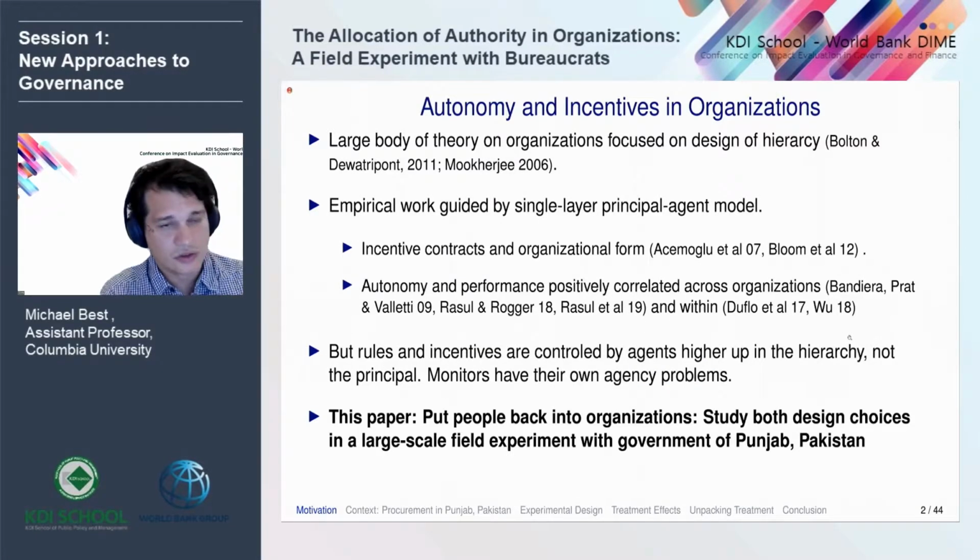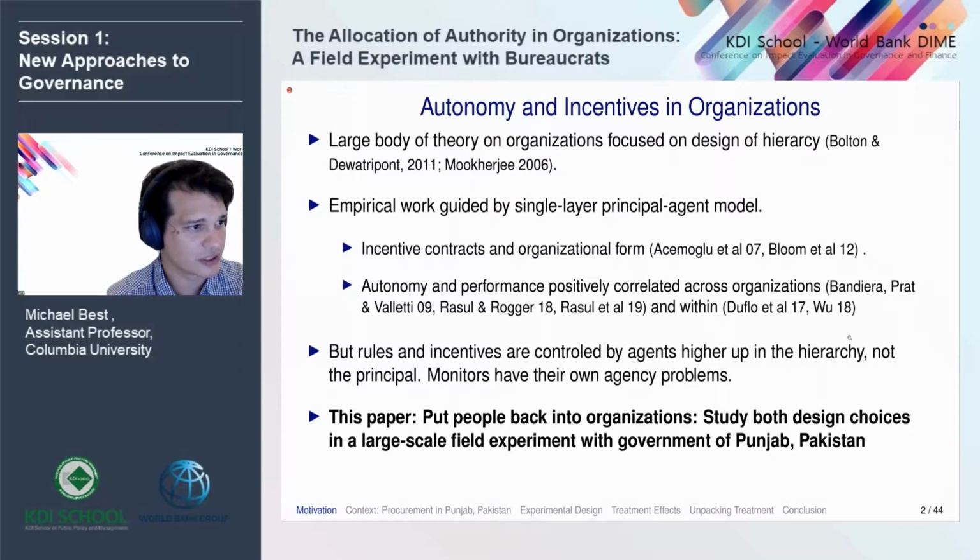And so, in economics, there's a large body of theory thinking about how organizations might design the hierarchy of the organization. But when it comes time to do empirical work to study these things using data from the real world, we're almost always guided by these single layer hierarchical models, where there's one principal, one person who's sort of in charge of setting up the organization and running it, and one agent who's in charge of implementing what the principal tells them what to do.